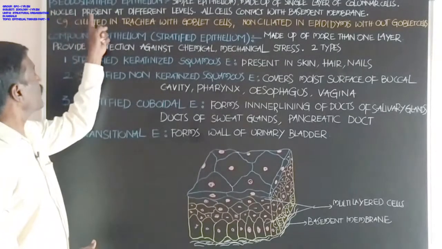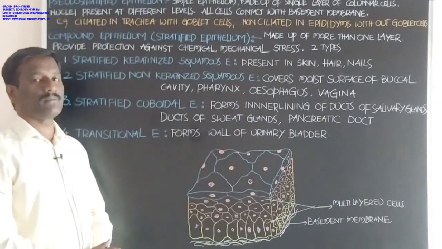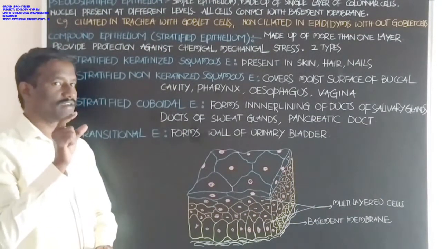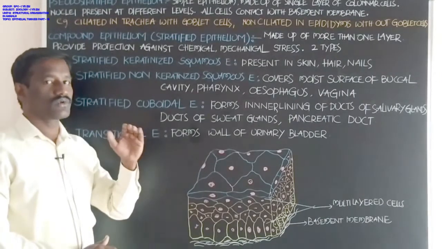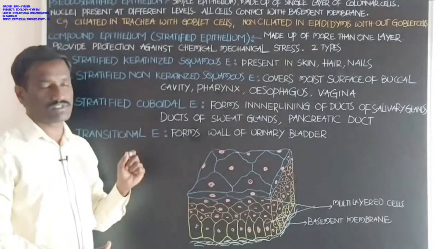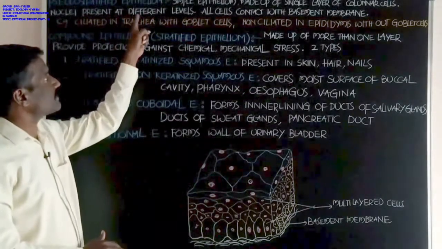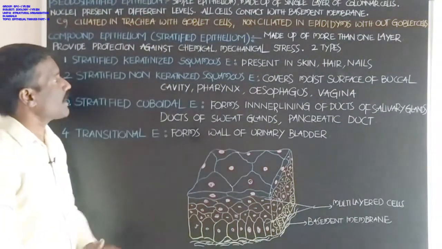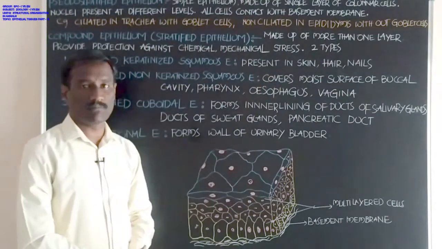Next, nuclei are present at different levels. All nuclei are not present at the same level. Nuclei are present at different levels, and all cells contact the basement membrane.